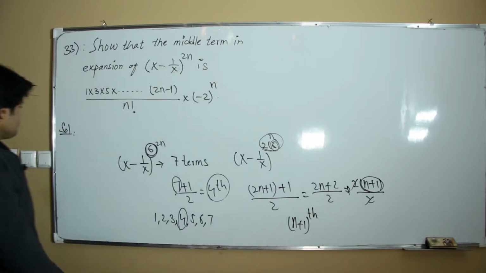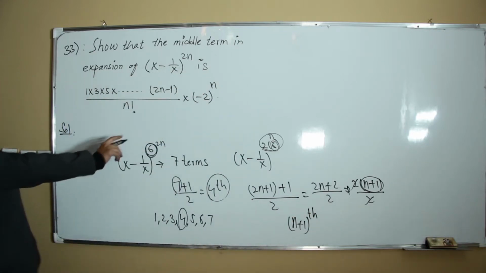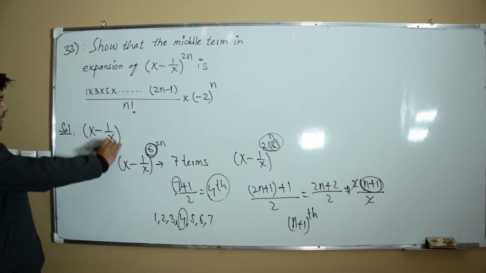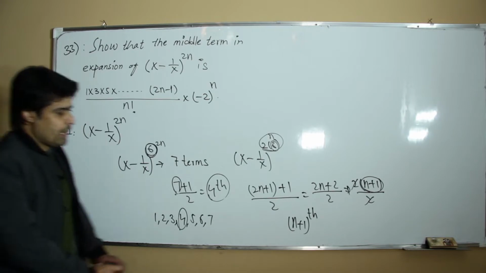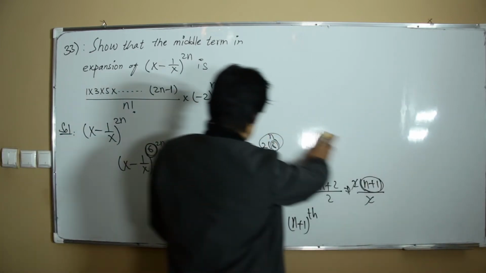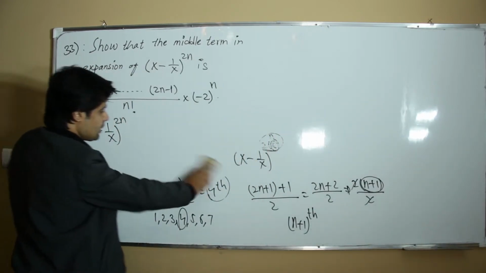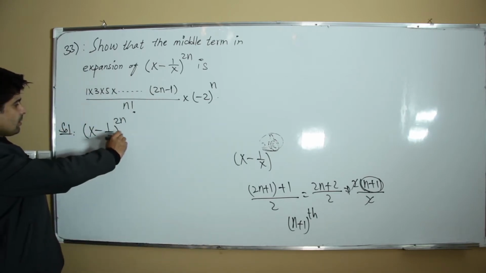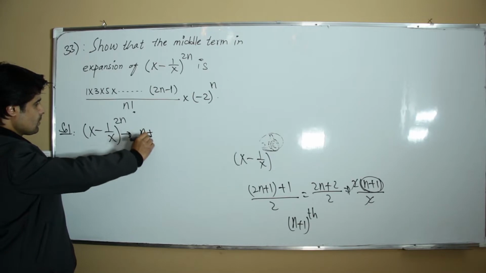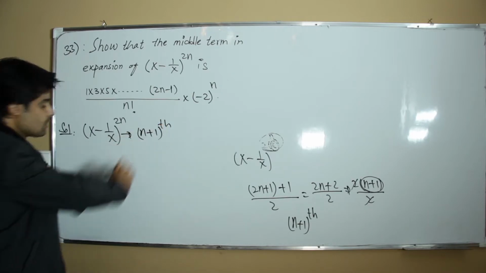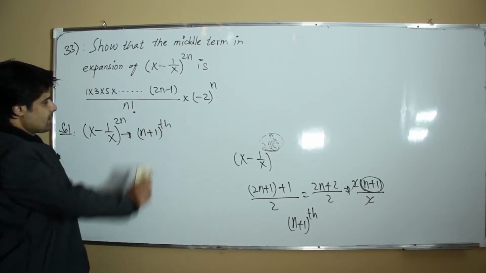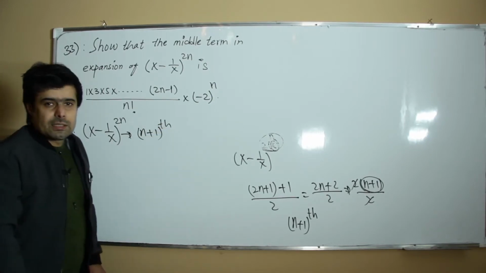So we found that for this expansion, (x minus 1 divided by x) raised to the power 2n, the middle term is the n plus 1 term. Am I right or not? So we can say that the n plus 1 term is the middle term.